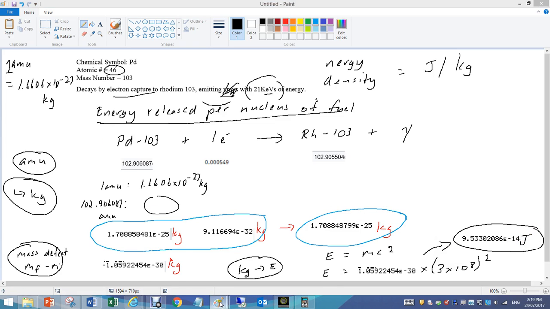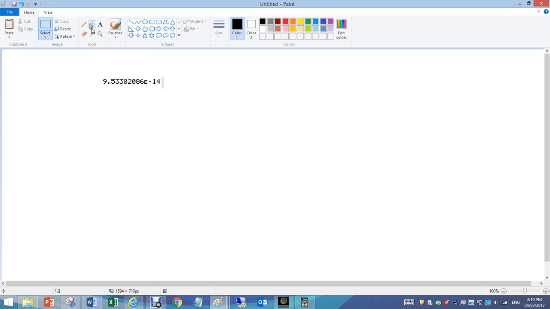So therefore we know that it was that many joules per nucleus. Okay. Rightio. Now we want to know, convert to joules per kilogram of fuel.